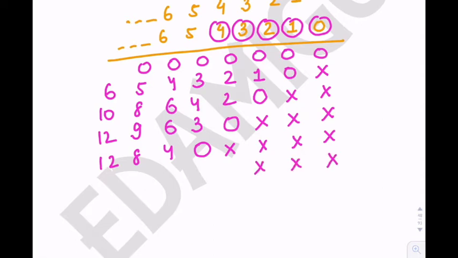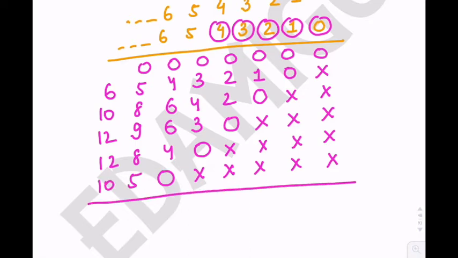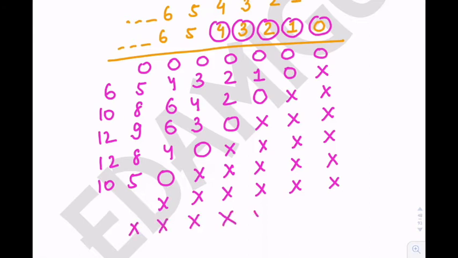Then 0, 5, 10 and so on. Other terms will also be there, but they will put a cross like this. The cross will go till here, and then again till here. So other terms will not affect the result.